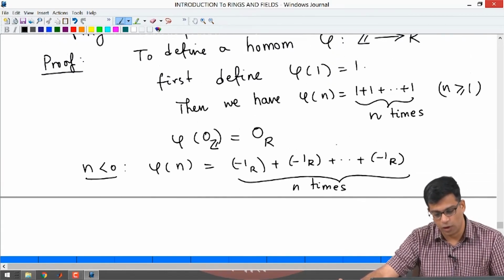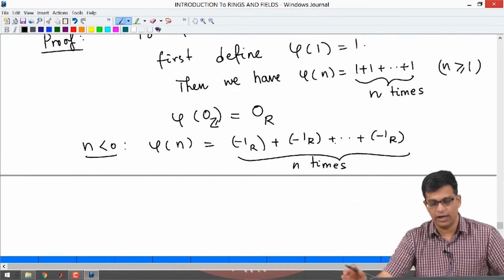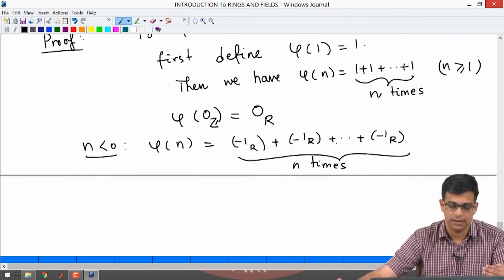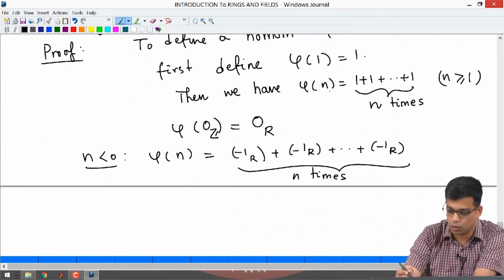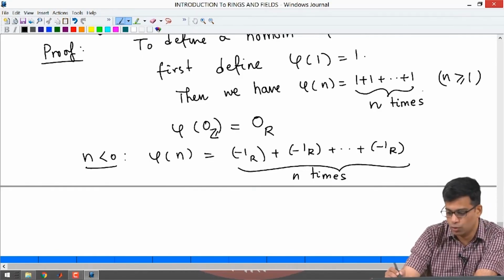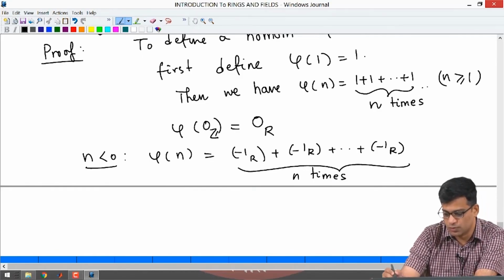So, there is no choice again about this. So, really I have done both existence and uniqueness of a ring homomorphism from Z to R, because 1 must go to 1, that forces n to go to 1 plus 1 plus 1 plus 1, n times.